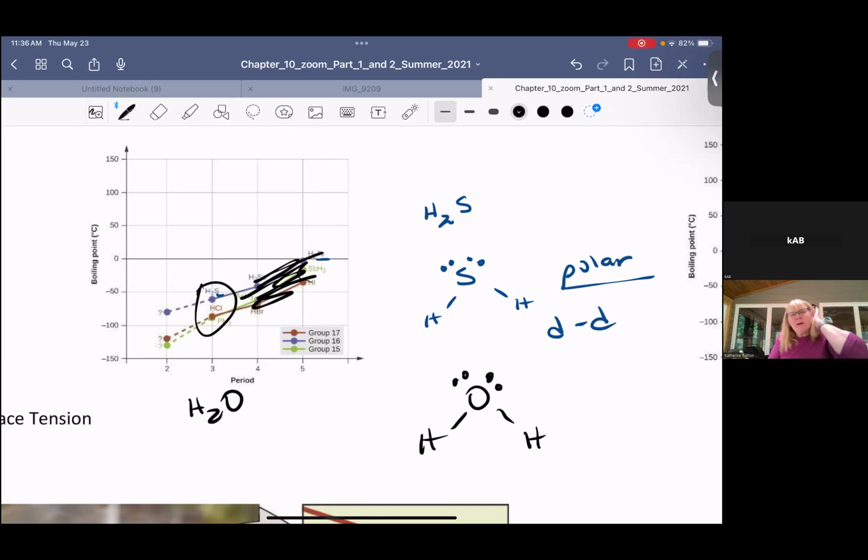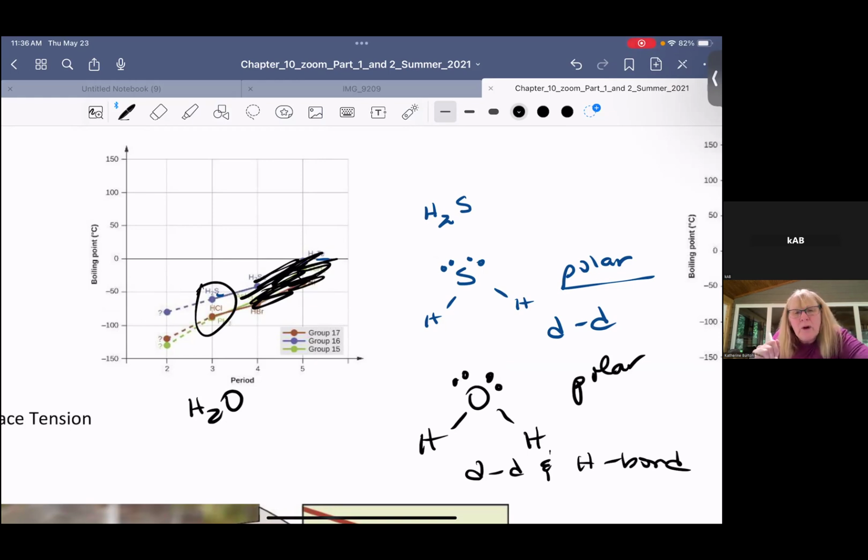H2S looks like that. So H2S is bigger, it's heavier, they are both polar, but one of these has dipole, the other one is going to have dipole and a hydrogen bond. If you are asked which is the strongest, you're going to answer hydrogen bond. If you're asking for all of them, you would not only answer dipole, hydrogen bond, you'd also answer dispersion or London dispersion forces, and we'll get to that.